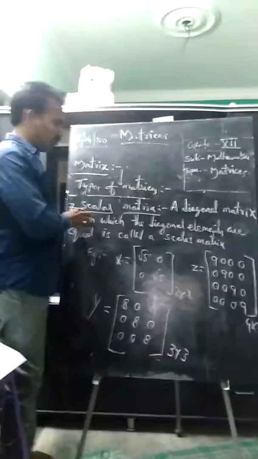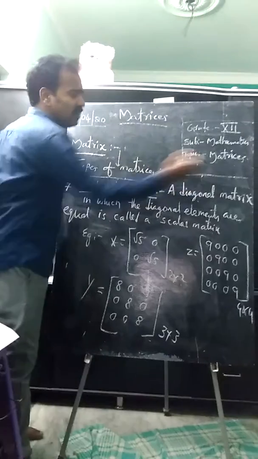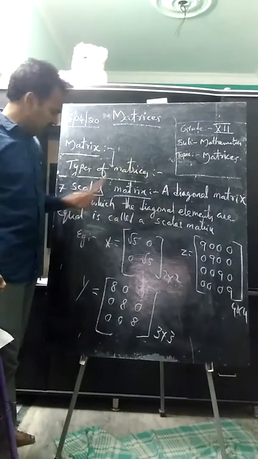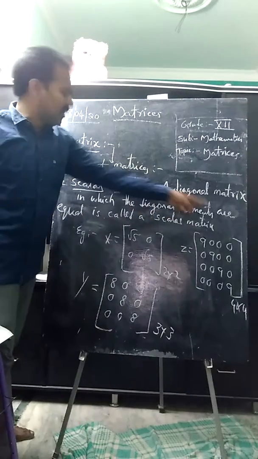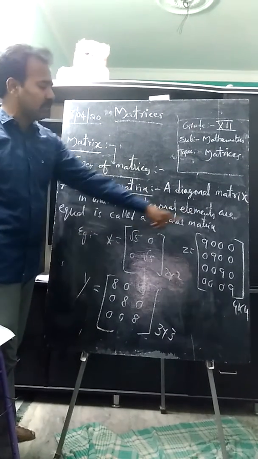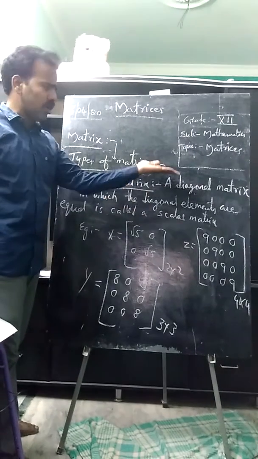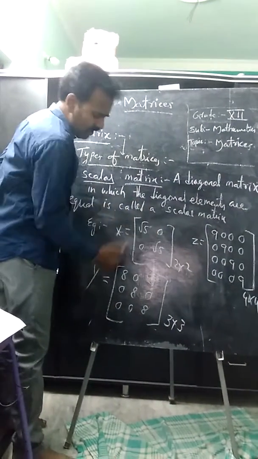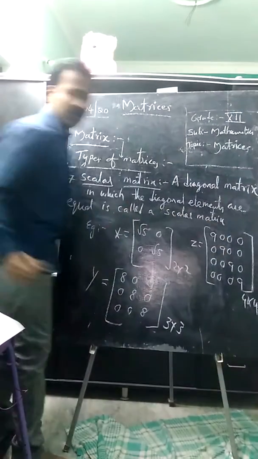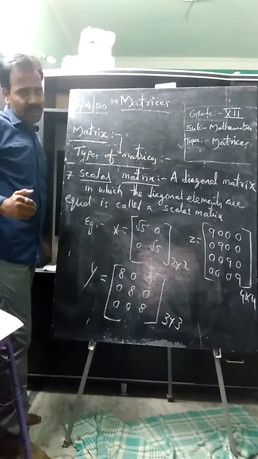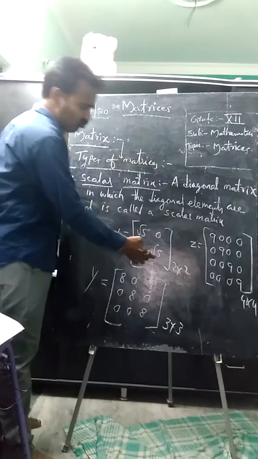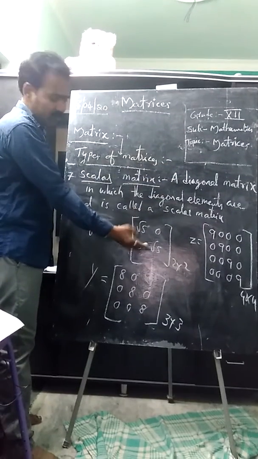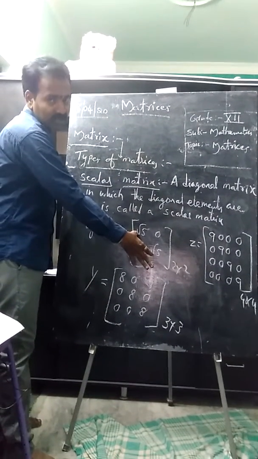Now you learn about scalar matrix. Just now you learned about diagonal matrix. A diagonal matrix in which the diagonal elements are equal is called a scalar matrix. In a diagonal matrix, if the diagonal elements are the same, equal, then that is called a scalar matrix. Observe here, it's a 2 by 2 square matrix, and as we learned just now, it's a diagonal matrix and the diagonal elements are equal, same.